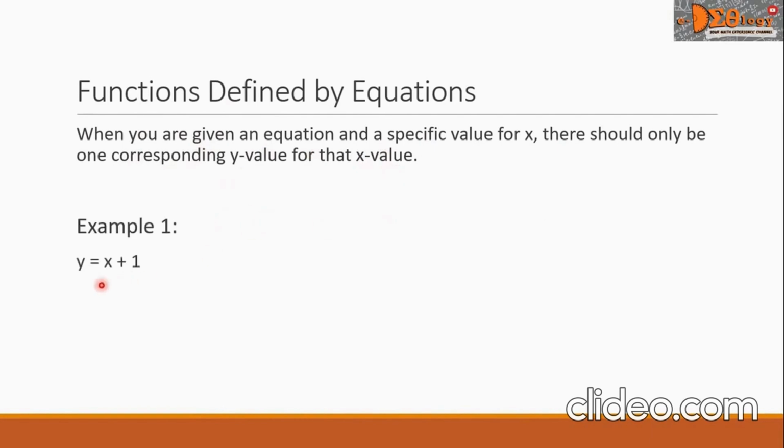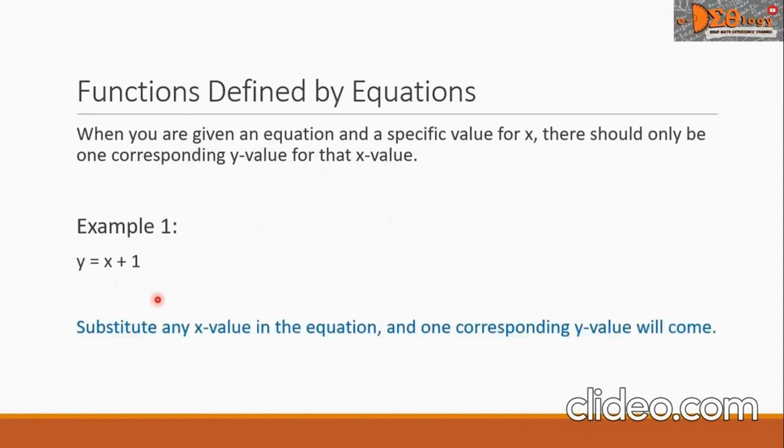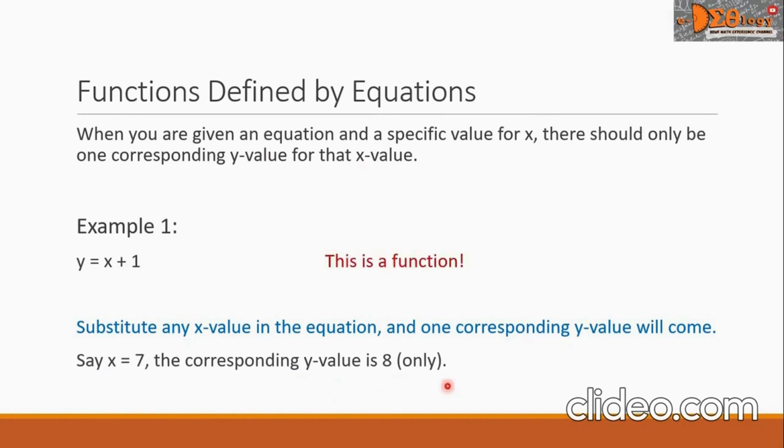The equation y equals x plus 1. We're going to substitute any x value in the equation and one corresponding y value will come. As an example, we say x equals 7. The corresponding y value is 8 only. So we say that this is a function.